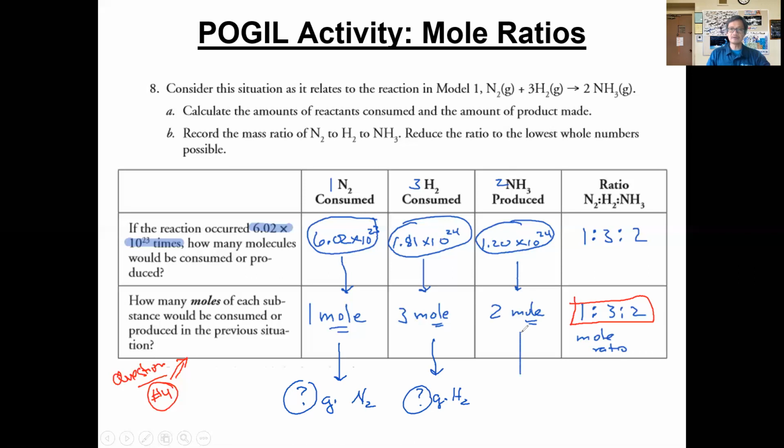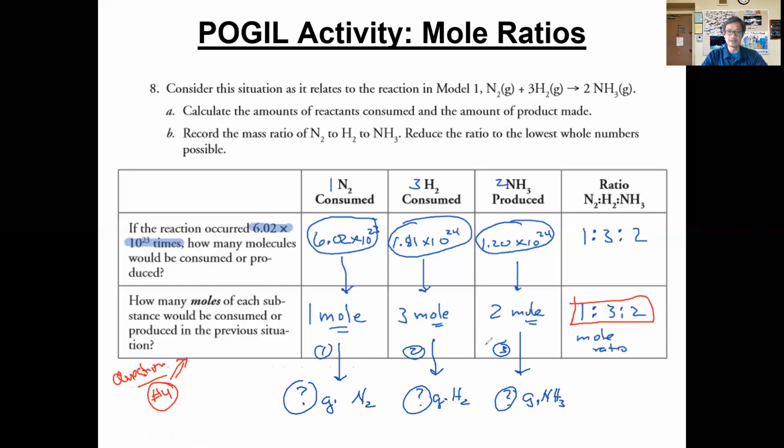And then finally, calculate the mass of ammonia if we start out with 2 moles of ammonia. So do those 3 calculations, write them out on your paper, and then submit it.